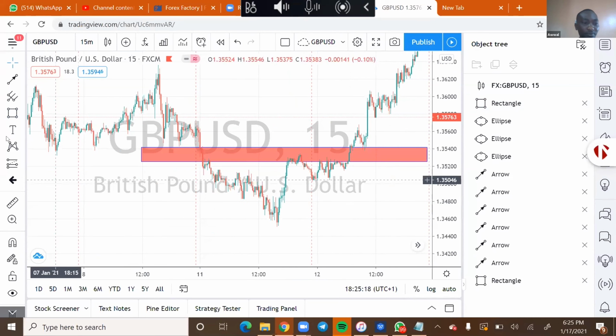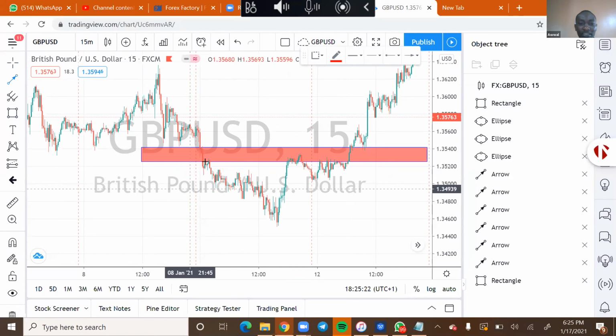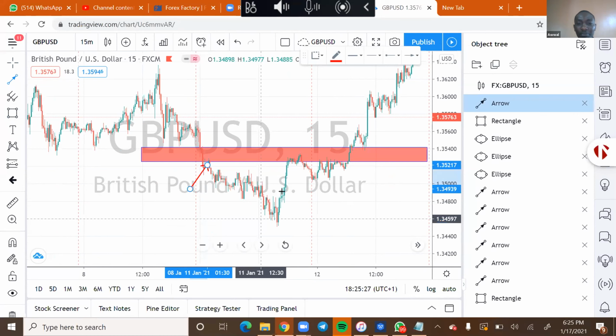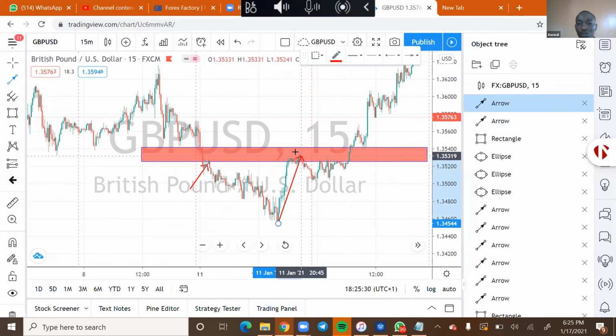Now you can see these areas are all serving as a support, as a resistance. You can see price found it difficult to break up. It did a push up again, a very full push up, but again it was unable to break.